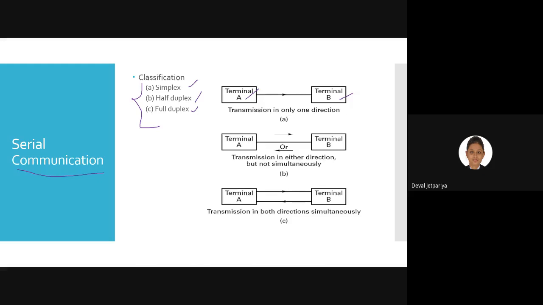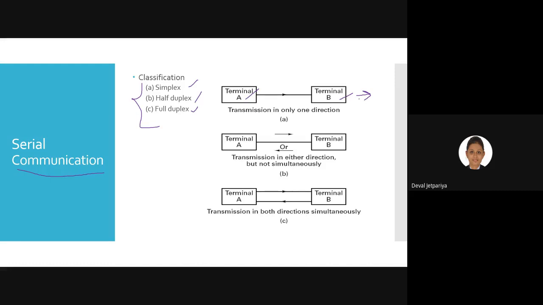We are only able to transfer from A to B but not from B to A. That is the limitation. So this is treated as simplex serial communication, where we only transfer from A to B, right? So at the back end we are not able to get any acknowledgement from B. That is the limitation.